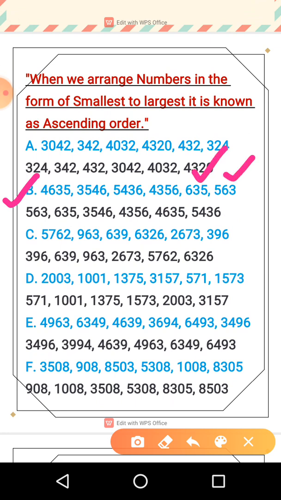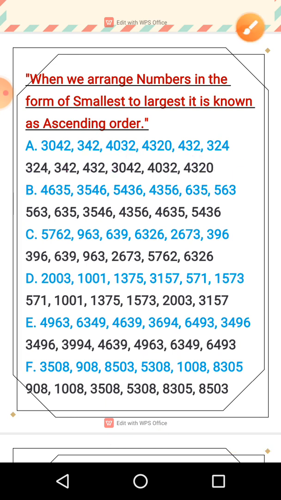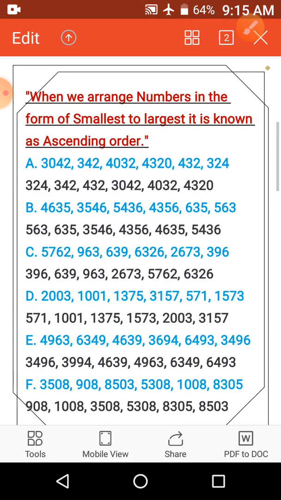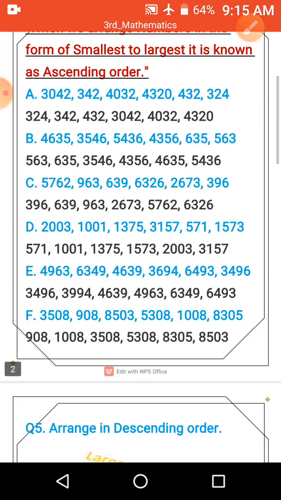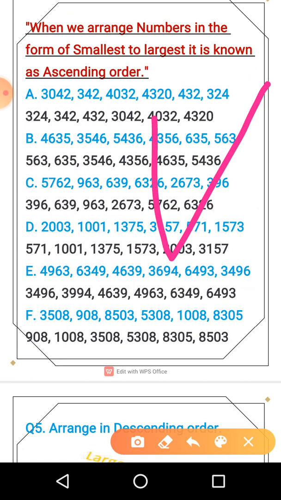Then we have 635, then 3546, then 4356, then 4635, and in the last, the very largest number is 5436. So I hope the ascending order is now clear to you. All these questions are the same as these questions, so do it yourself.